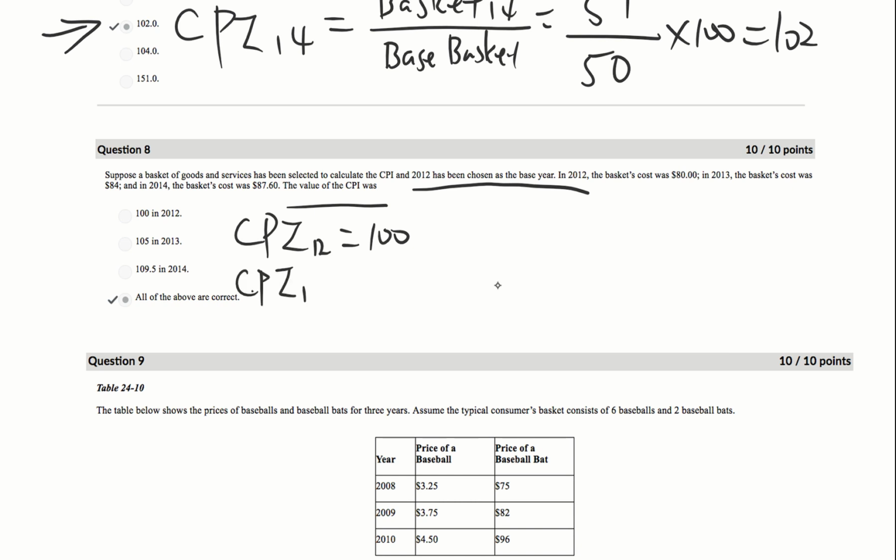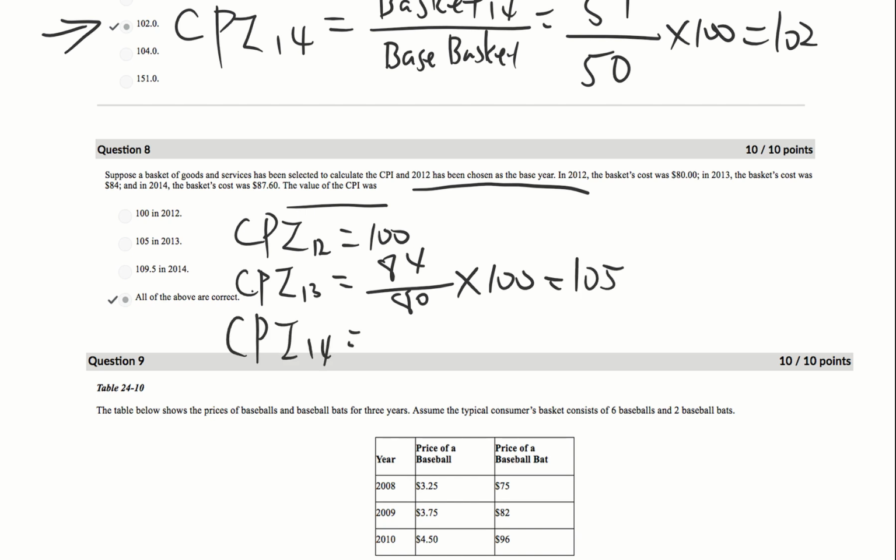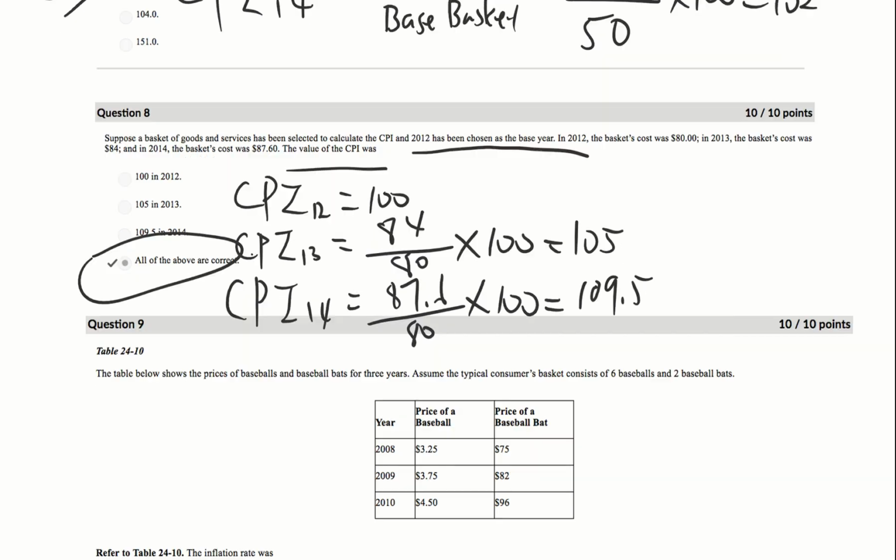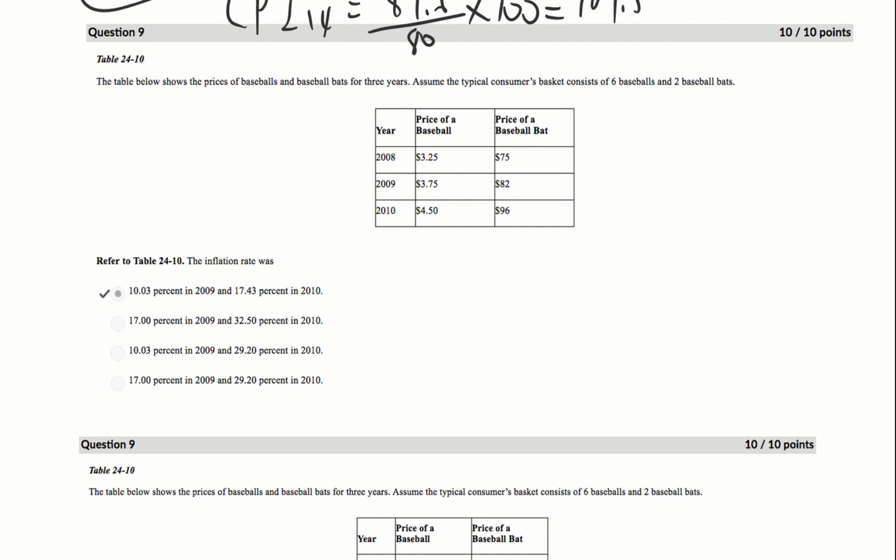CPI for 2013 will be $84 over the 80, that's the 2012 cost, times 100. That should be 105. And then CPI for 2014 will be 87.6 over 80 times 100. The answer should be 109.5. Okay, so the answer is D, all of the above.